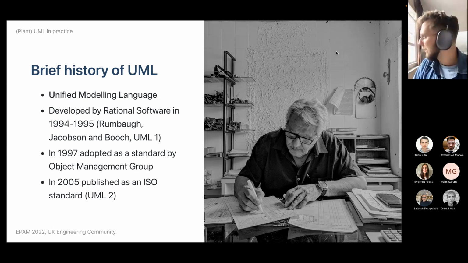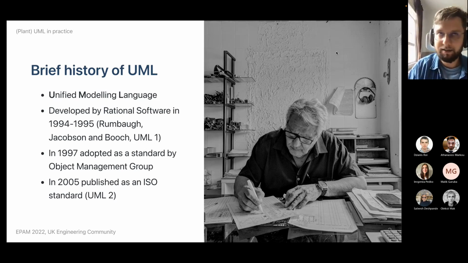UML was invented many years ago by a group of people from Rational Software. So first of all, what is UML? UML is an acronym which means Unified Modeling Language. Initially it was designed for modeling everything, not only for designing software, but primarily for designing software. Unfortunately, it is not so widely used in any other area.